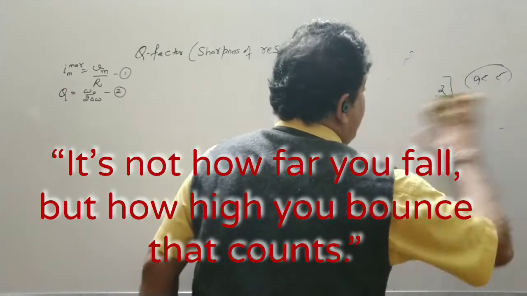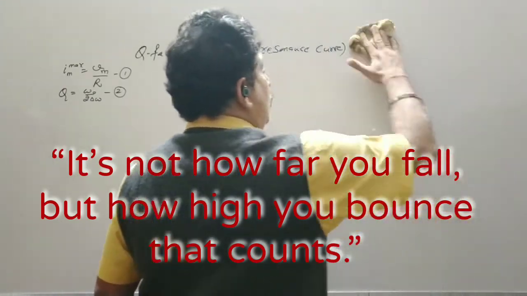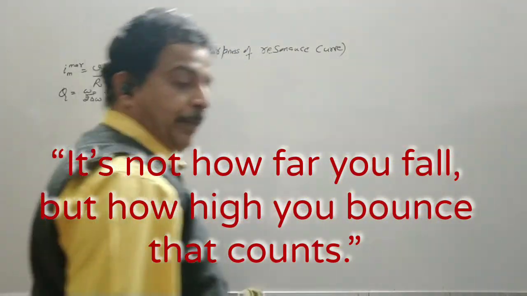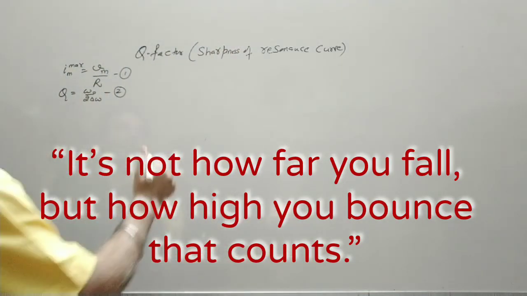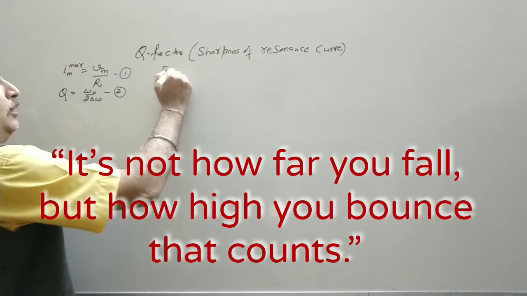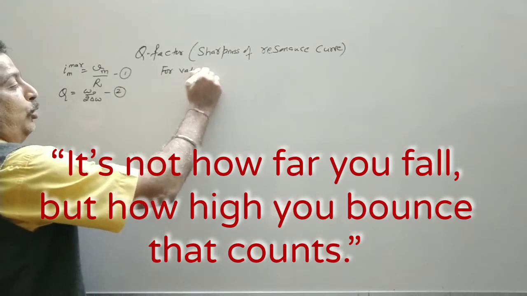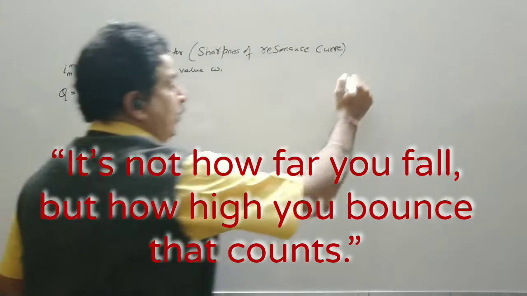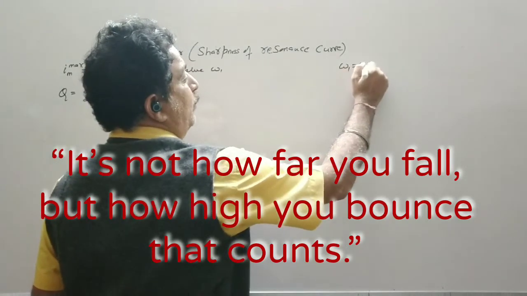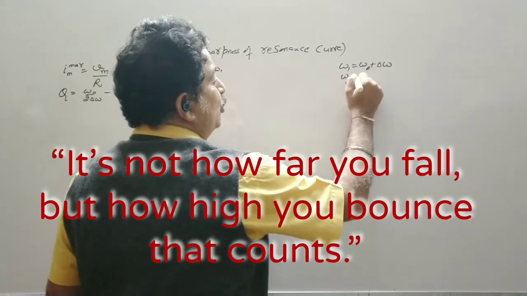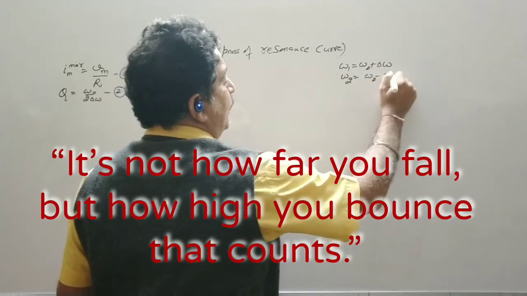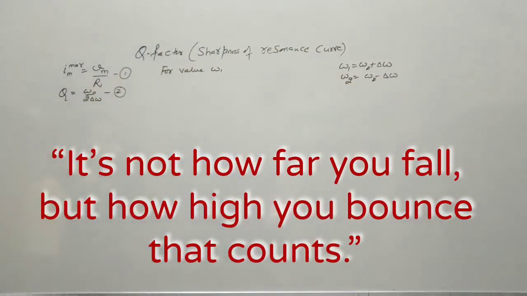Now suppose we take a value other than omega naught. For the value omega 1, we have written that omega 1 is omega naught plus delta omega, and omega 2 is omega naught minus delta omega, and we have a bandwidth 2 delta omega, that is the summation of these two.